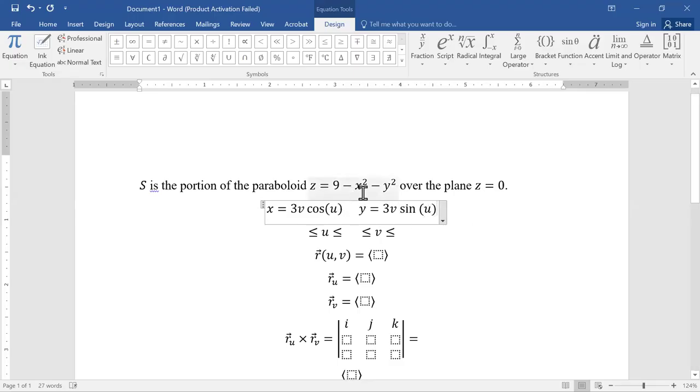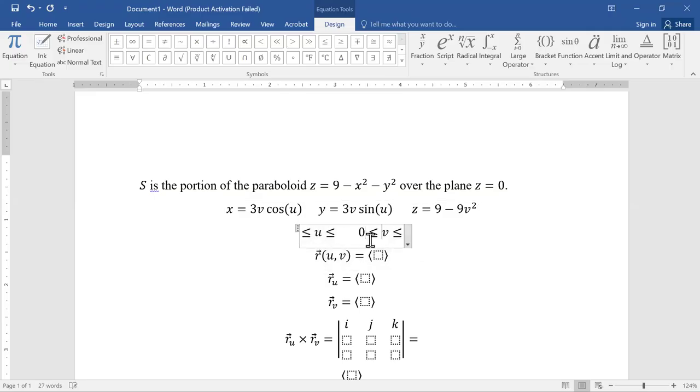When I plug those into the equation where z is equal to 9 minus x squared minus y squared, it should be straightforward that we get 9 minus 9v squared as the value of z. Again, if we're going from the point 0, 0 to the boundary, then v is going from 0 to 1.